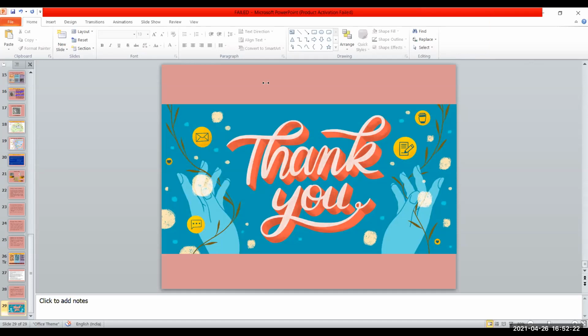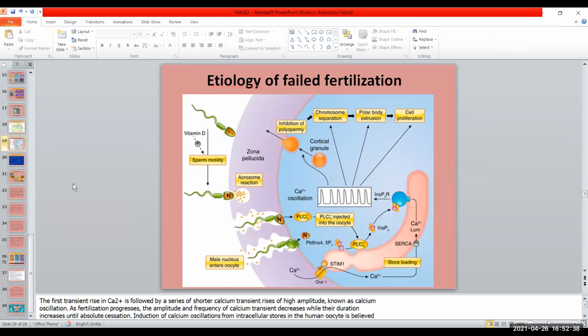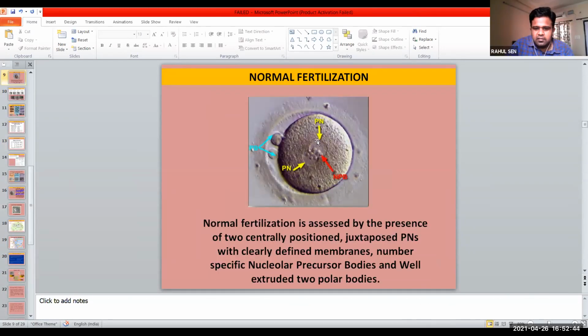One question: what are nucleolar precursor bodies? Let me get back to the presentation here. Can you see the screen? Yes, sir. Here you can see there is a pronucleus. There are two pronuclei, one at the bottom and one at the top. In this particular pronucleus, you can see these small circles.